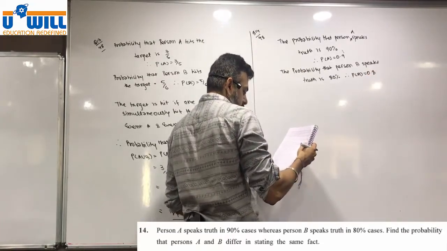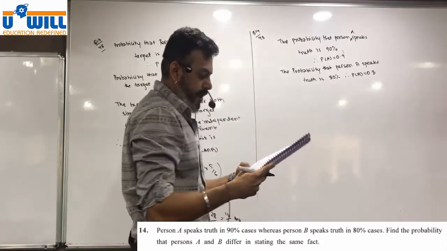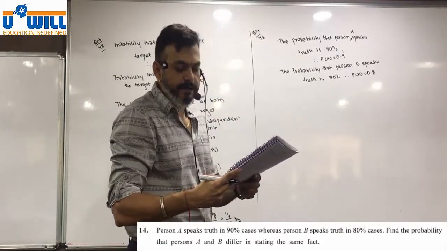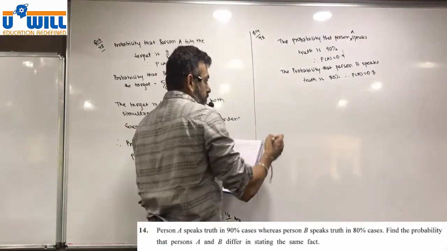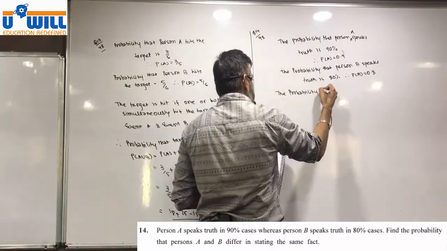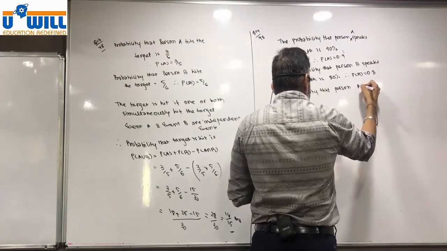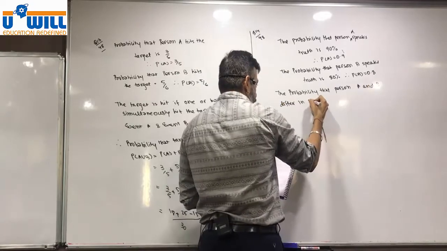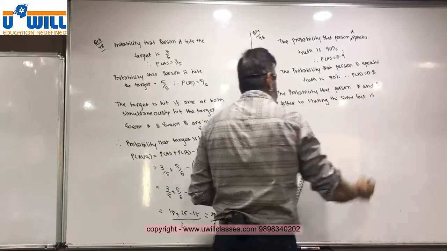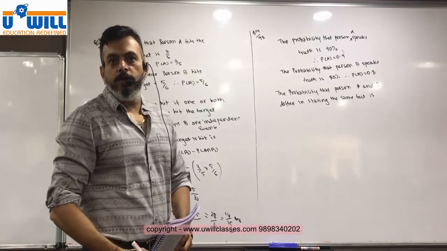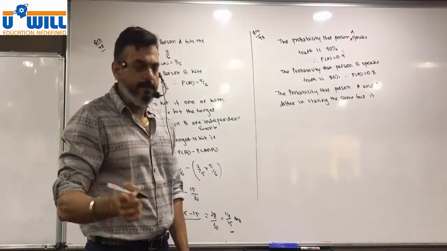Now, what we have to do? We have to find the probability that person A and B differ in stating the same fact. Now what we will use over here? We will use difference event.